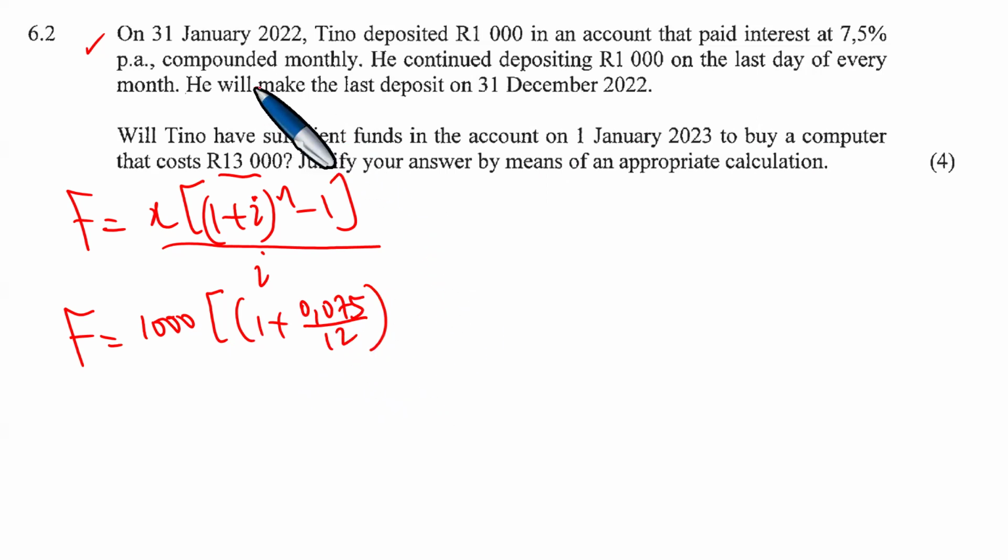Okay, compounded monthly. He continued depositing 1,000 rand on the last day of every month. He will make the last deposit on 31 December 2022.